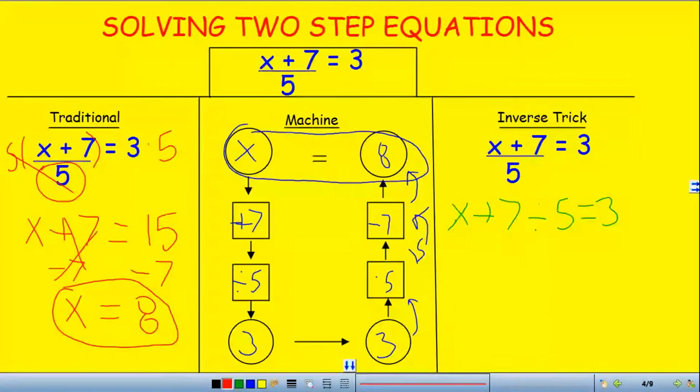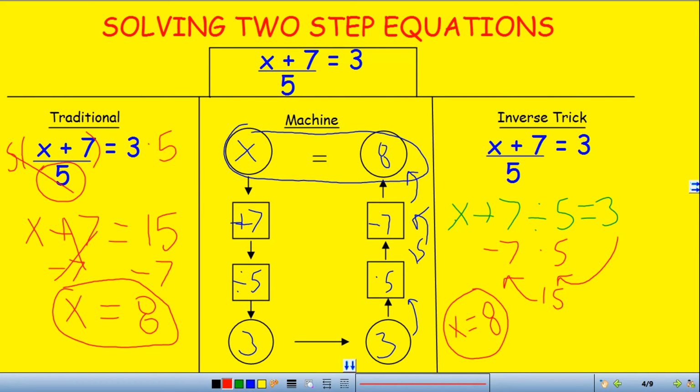X plus 7, that will be minus 7, divided by 5 is times 5. So let's do 3 times 5, which gives me 15. And 15 minus 7 gives me 8. So my final answer is x equals 8.